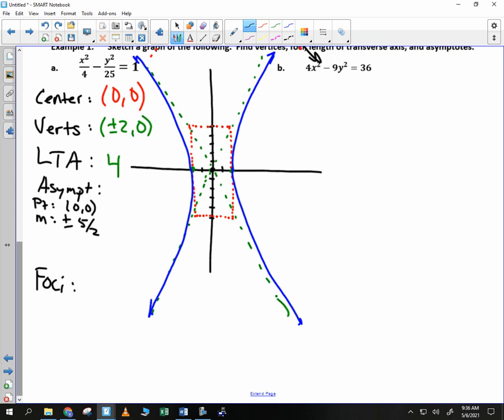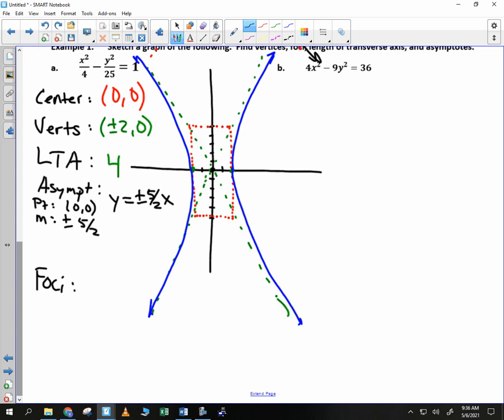So the equation for these asymptotes is y equals plus or minus 5 halves x. That's an equation for a line. It's actually 2 lines. One is positive, one's negative. Taking care of 2 lines in 1 equation. Like that, Morgan? Uh-huh, thank you.